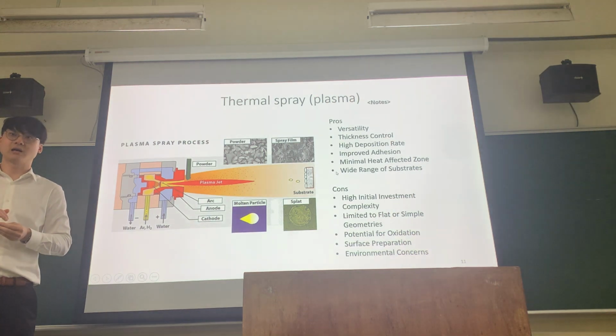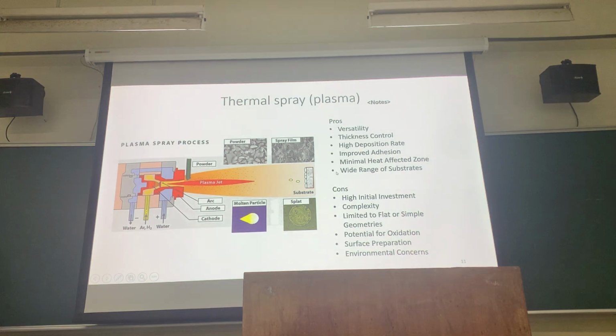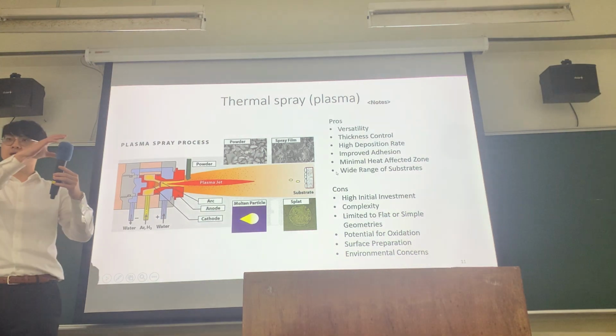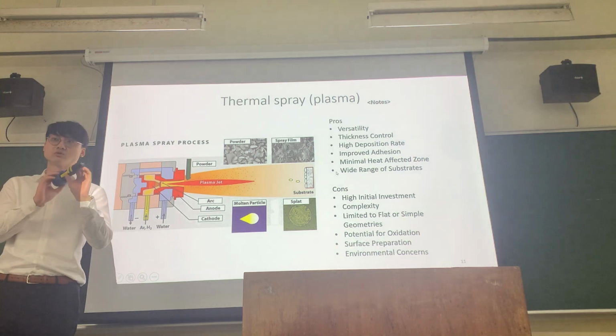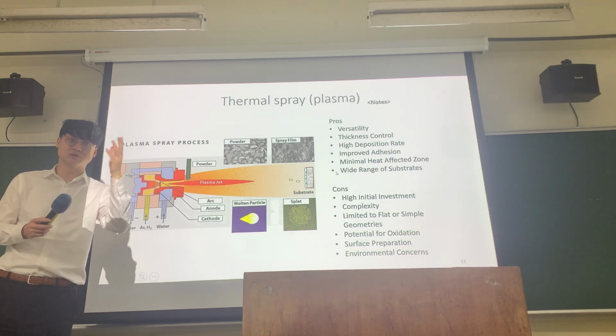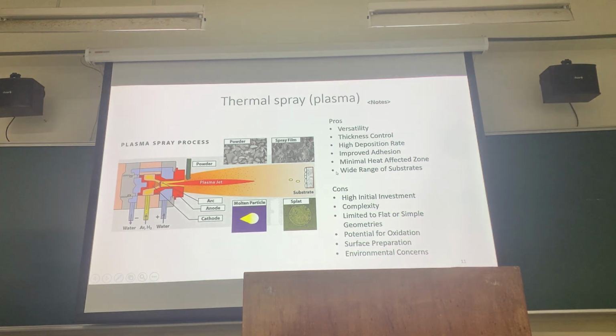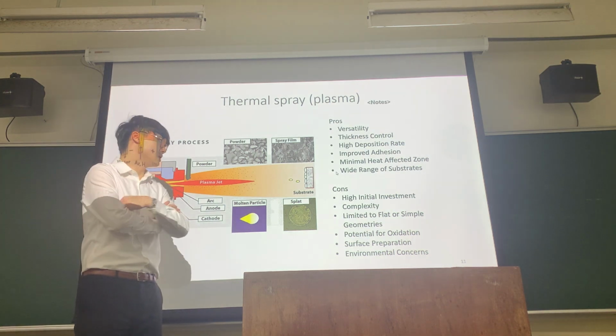For those with very contoured features, like these kinds of things, if I say I want to spray this here and this, it might be a difficult job for thermal spray. Of course, you can use a robotic arm to help control it and make it a lot easier, but it does have some limits.